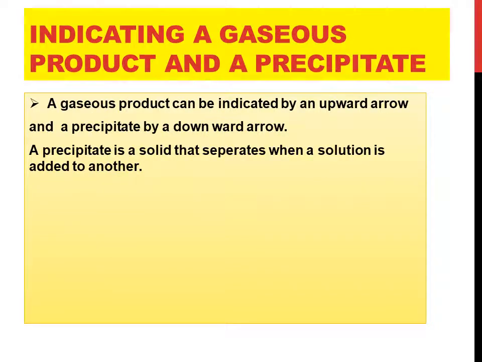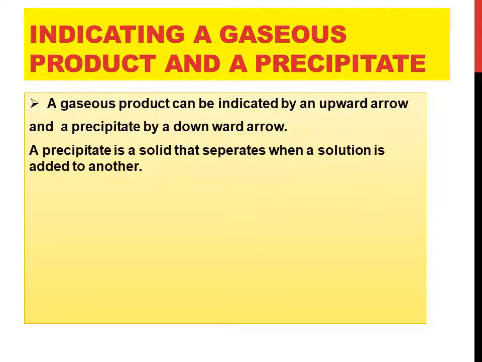So point number 3, indicating a gaseous product and a precipitate. A gaseous product can be indicated by an upward arrow and a precipitate by a downward arrow. So while looking at a chemical reaction, if it has an upward arrow, we should understand that it represents a gas. And if it has a downward arrow, we should understand that it represents a precipitate.